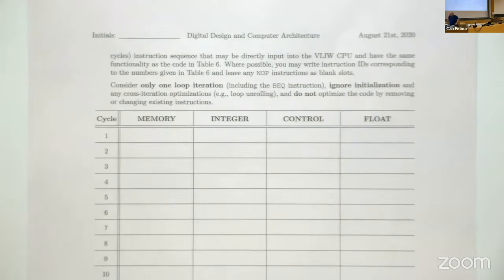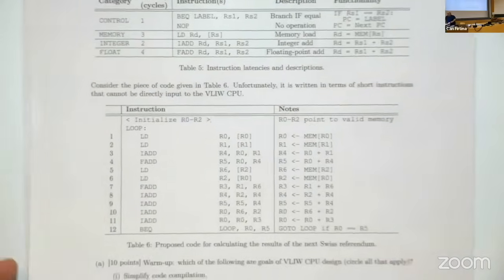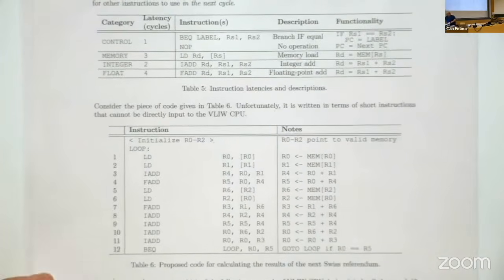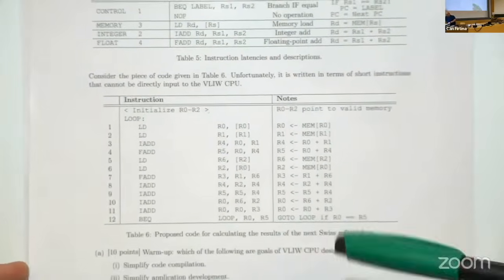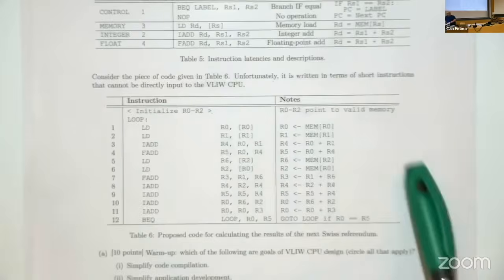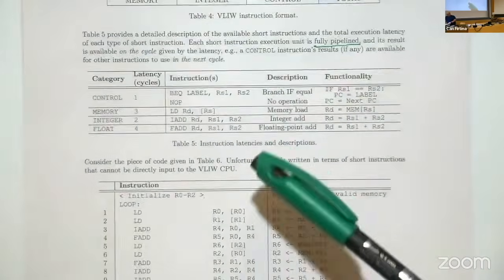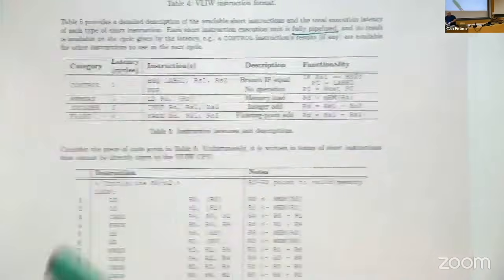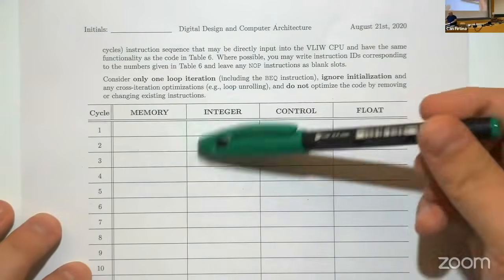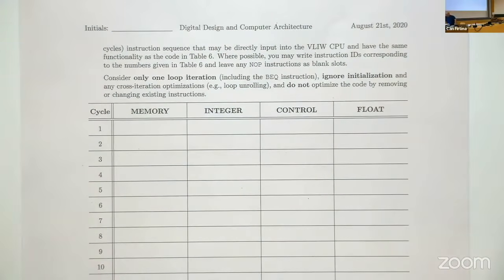So we're going to have to basically keep these two things in our brain's RAM. We're going to need to keep this code that we want to map in mind. We're going to need to keep the latency of each of the operations in mind, and we're going to need to basically schedule them as we can, with the goal of minimizing latency, or rather with the goal of maximizing performance, which is what the question states.